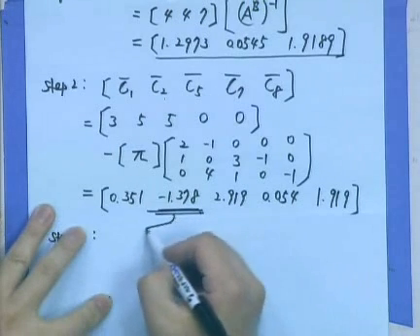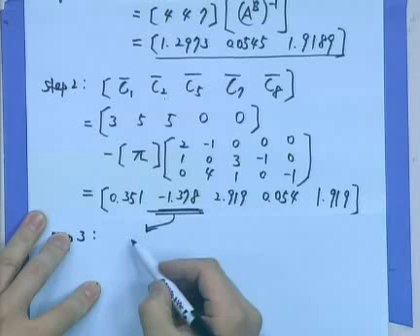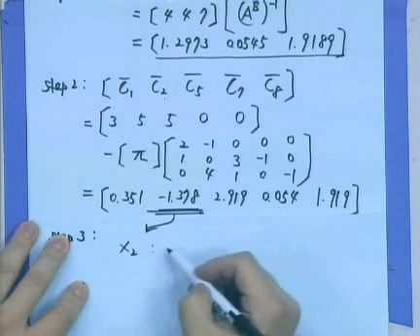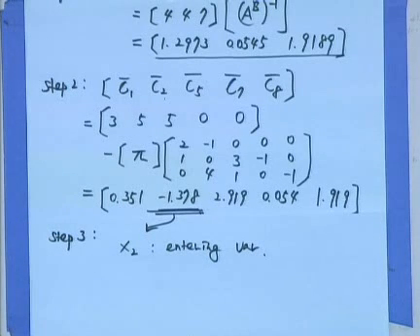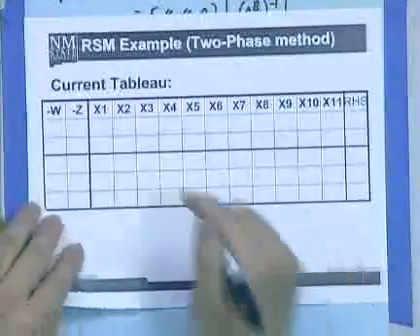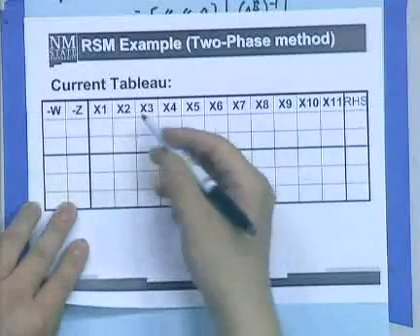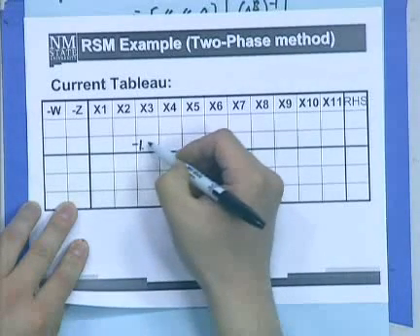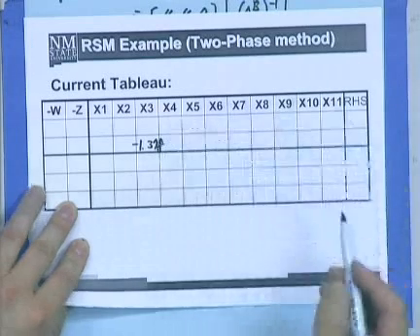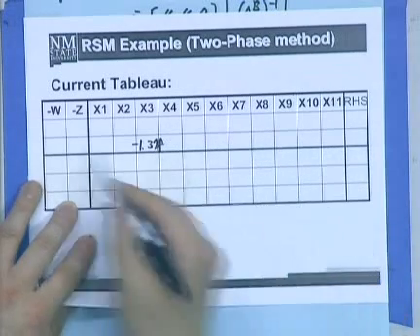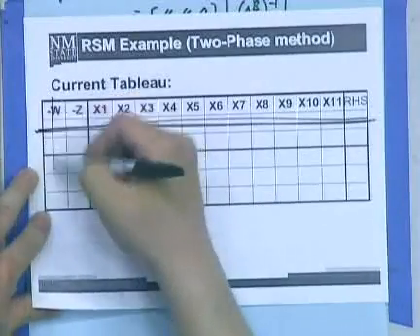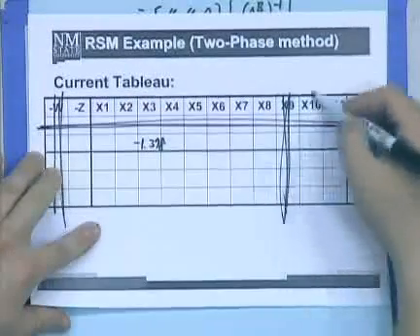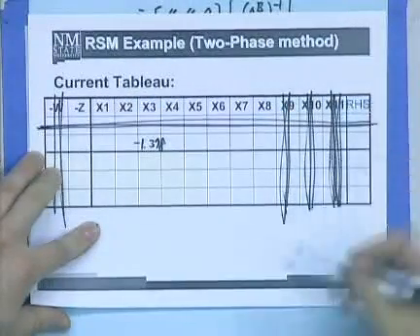We've already determined the entering variable, which is x2, right? So the current table becomes negative 1.378. Okay? Sorry, I should delete this row, this column, and the last 3 columns, right?